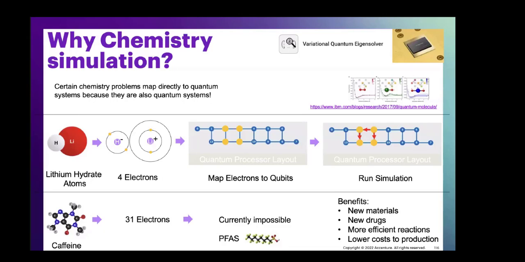So there you see 31 electrons. You would think this would easily fit, and we'd be able to simulate this on IBM's new 400 qubit machine, but it doesn't have the circuit depth we need in order to flush out all of those simulations, right? And so even though the numbers seem to match up, the quality of the system matters immensely for doing these types of simulations.